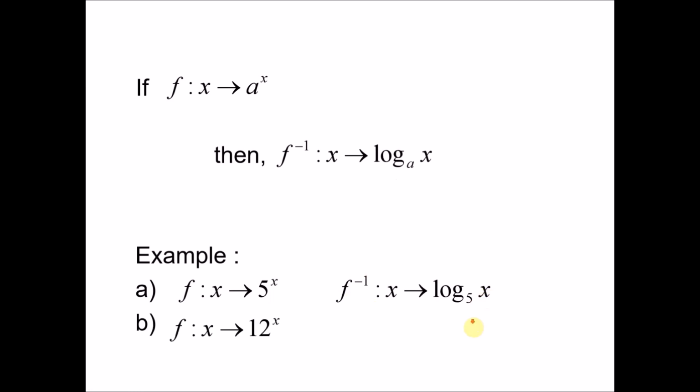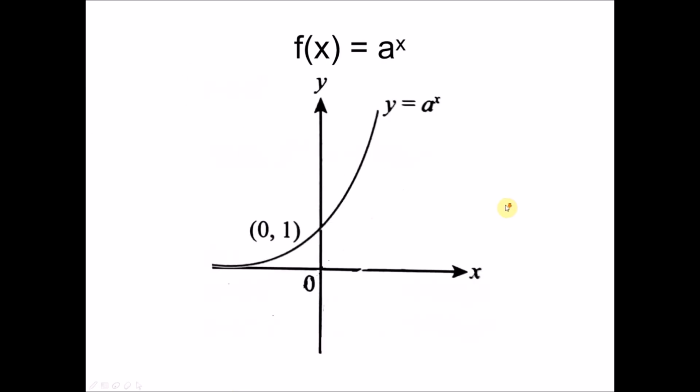Try again. The inverse of f which maps x to 12 to the power of x, the f inverse will be log base 12 of x. Now if you try to show this relation between this function and inverse function in graph form, we take one example here.